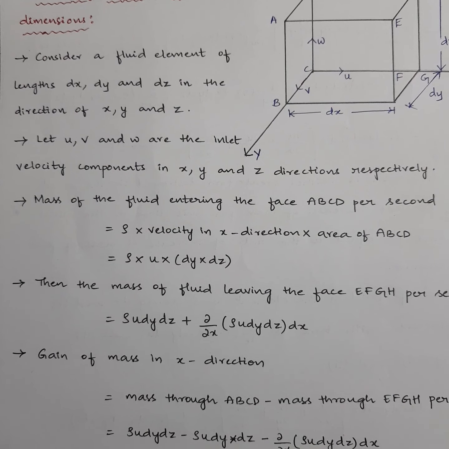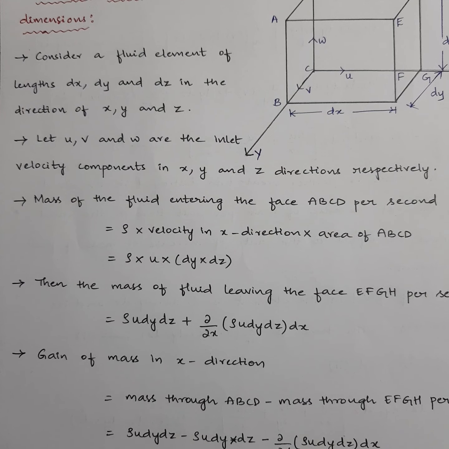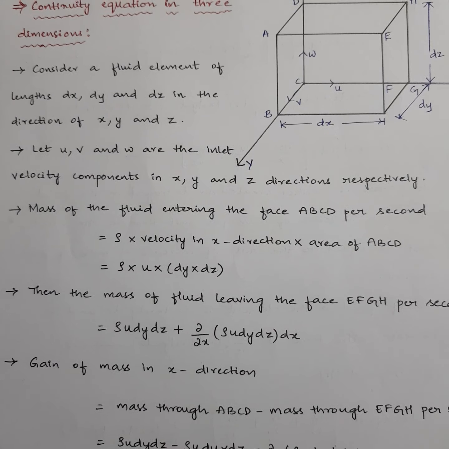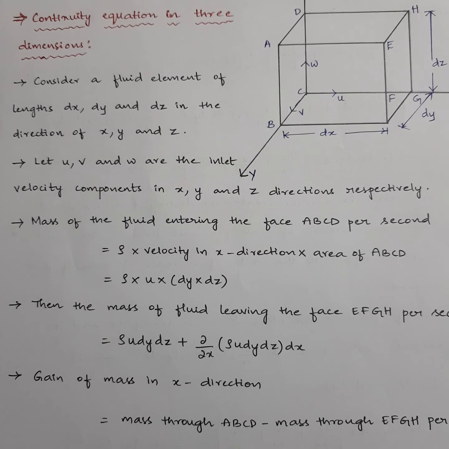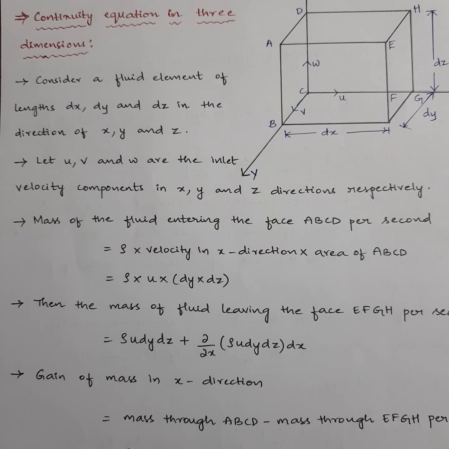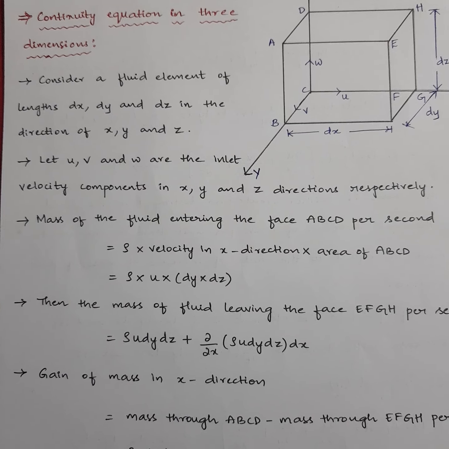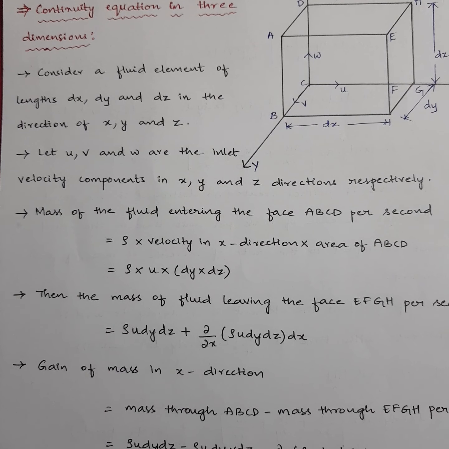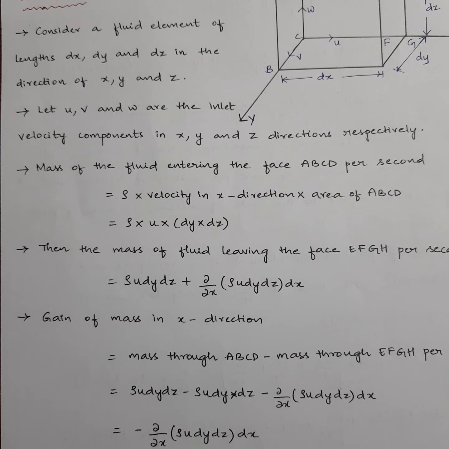So mass is equal to density into volume, divide on both sides by second, so mass per second will be equal to density into volume by second, and volume can be written as area into one of the dimensions. So mass per second will be equal to rho into area into length per second, which is called velocity. That's how you get rho A V, correct?